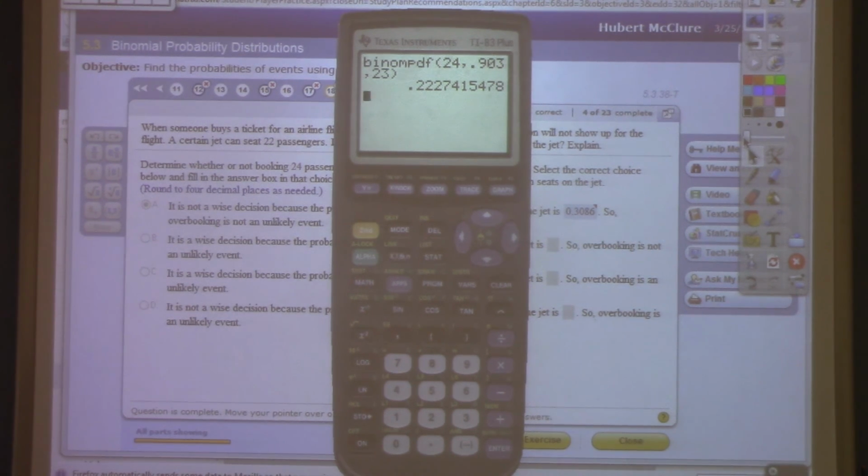Yeah, N is 24 on this problem. I don't know why, but N is 24. 0.903 is P and X is 23 and 24. So then you type in the next thing, second function. I'll try not to give you this one on the test. That'd be X squared, and that's that one right there.